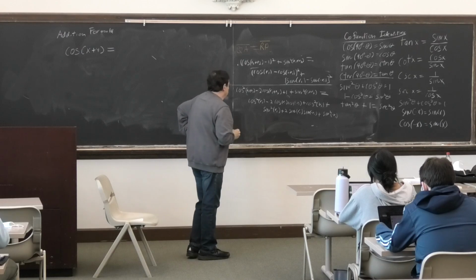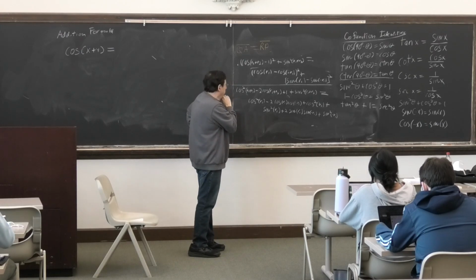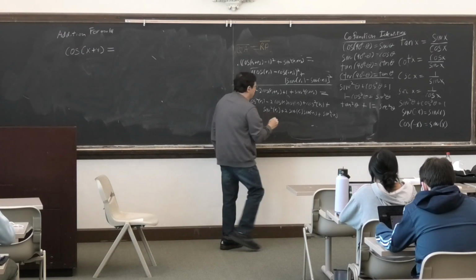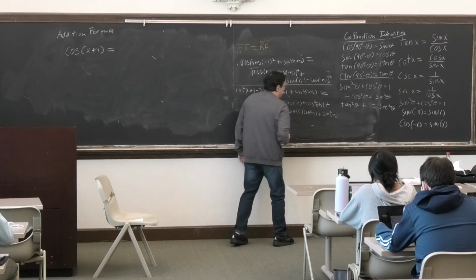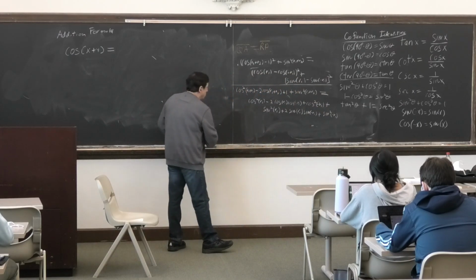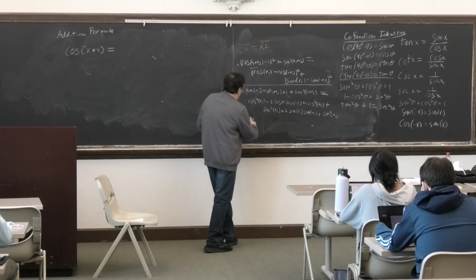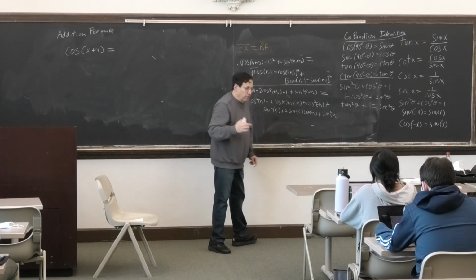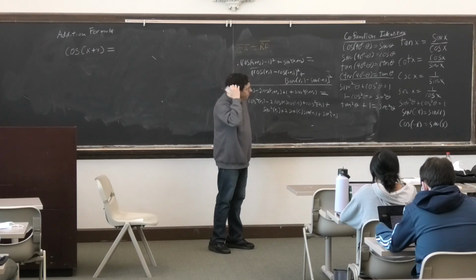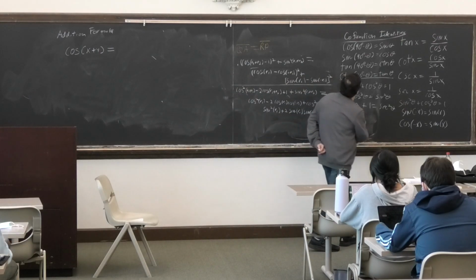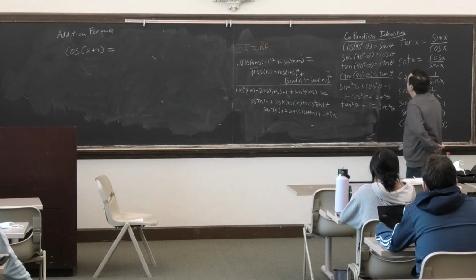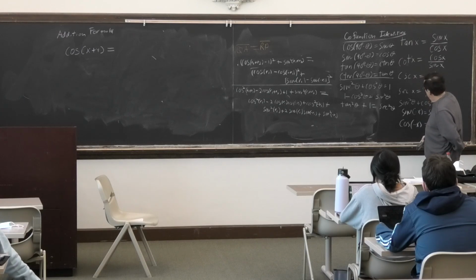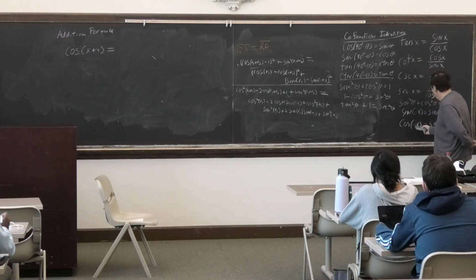Okay, so let's look ahead here and see where we might save ourselves some trouble. I've got cosine minus r1. Did I write down the, there it is, cosine of negative x.